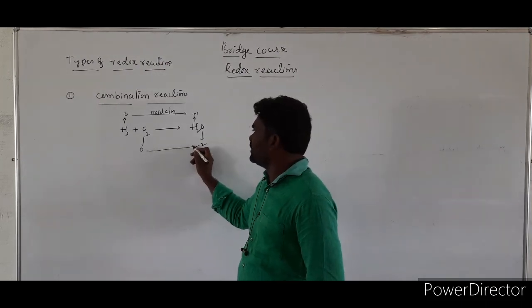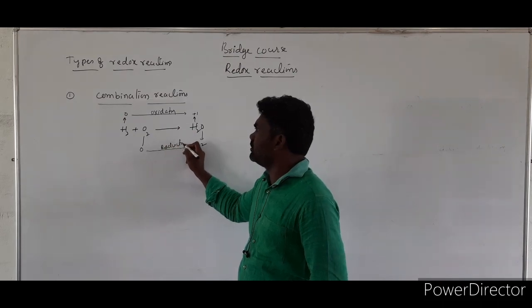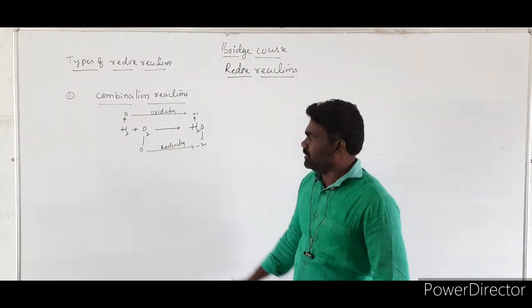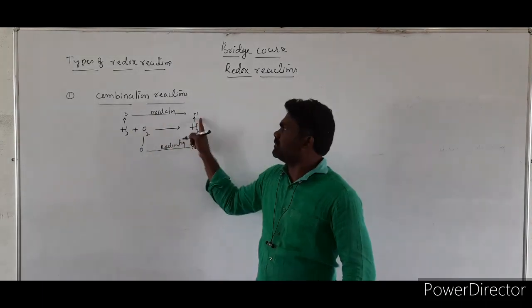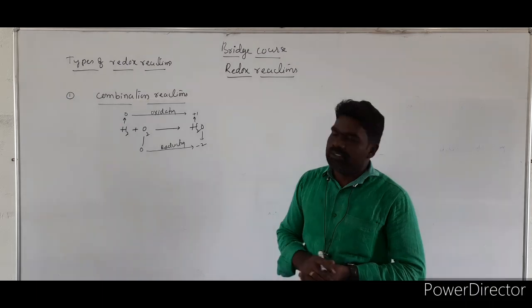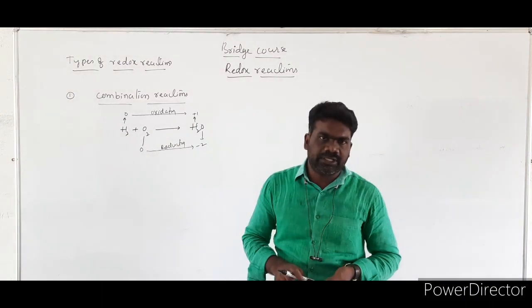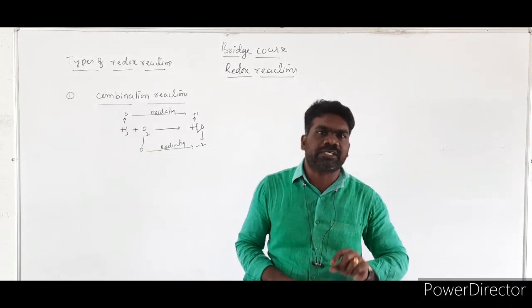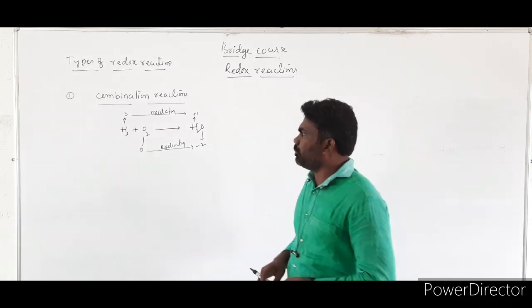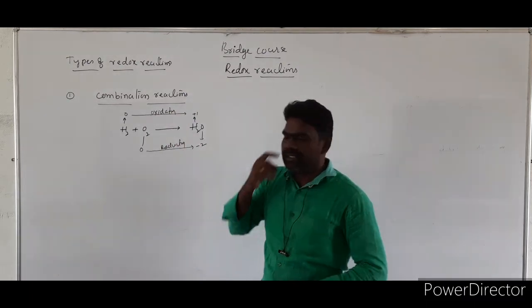So 0 to minus 2 is a reduction, a decrease in oxidation number. Increase in oxidation number is oxidation, decrease in oxidation number is called reduction. So this is a chemical combination reaction. In combination reactions, 2 or more elements combine to form a single product. In this case, one element is undergoing oxidation and another is undergoing reduction.